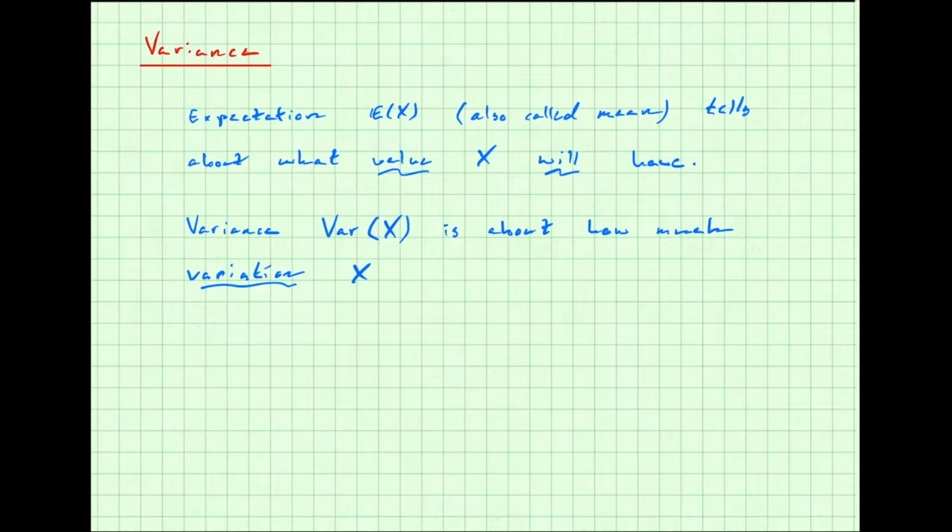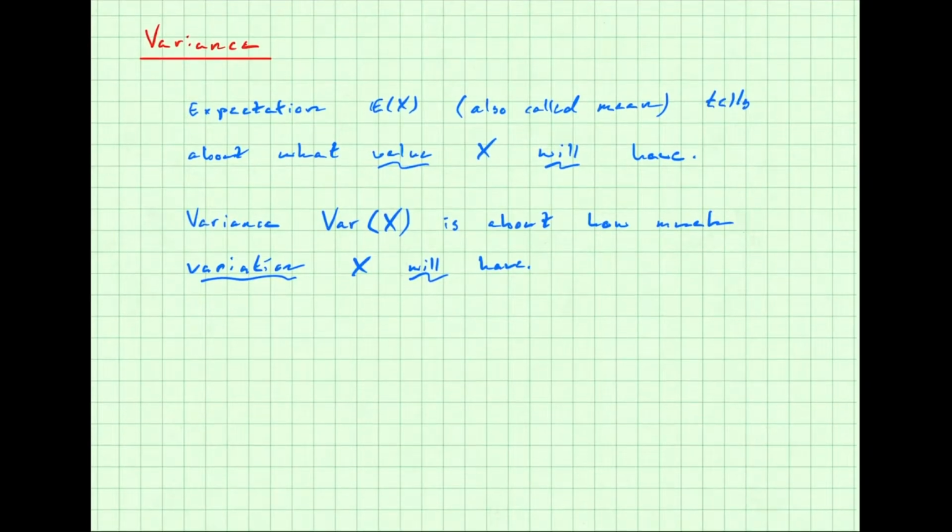Or how the variation that X will have. So again, X is a random variable and it can take on various different values. The expectation value gives you some idea of what value you might kind of typically expect to find it near. And the variation, or the variance, tells you kind of how far away you might expect to find yourself from that value. How much does it typically vary from that value where you expect to find it.